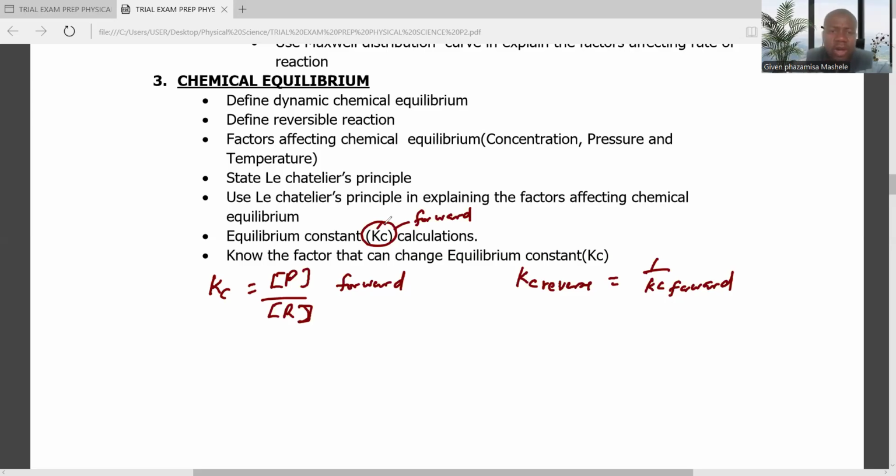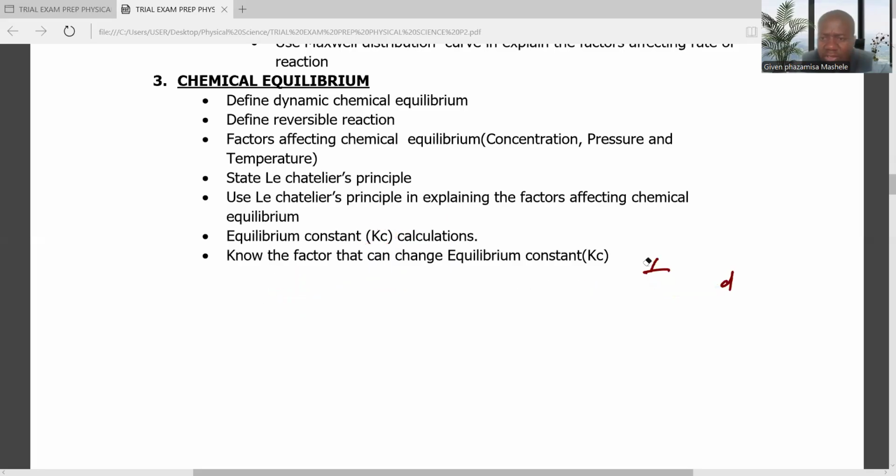Now, I want to do one question that is involving Kc calculations. And again, there is one thing that I also want to add before I do one question. You must also know that temperature, concentration, and pressure are the factors that are affecting chemical equilibrium.